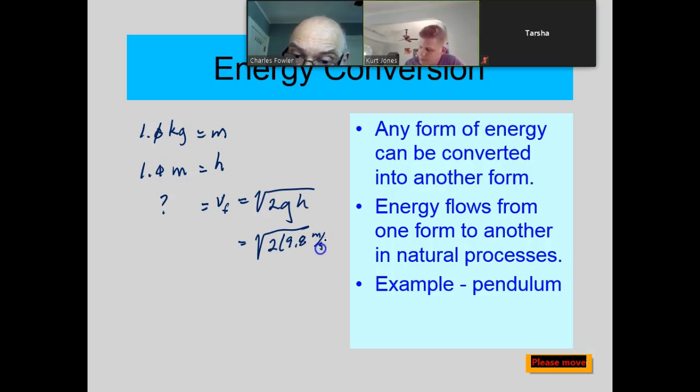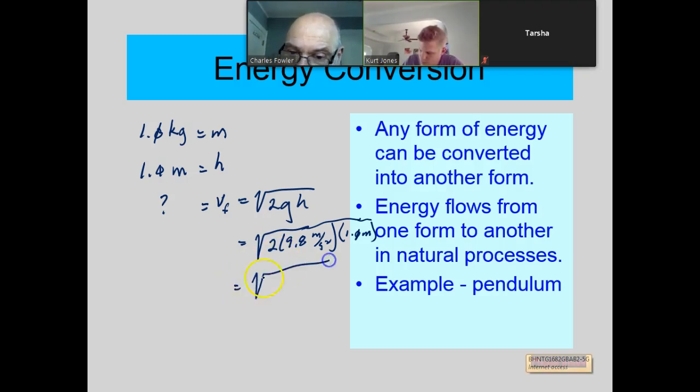Meters per second squared times the height, 1.0 meters. Okay? Well, I can do that one in my head. I hope I can do it right. That is 19.6. And then when you multiply the units too, that would be meters squared per second squared.